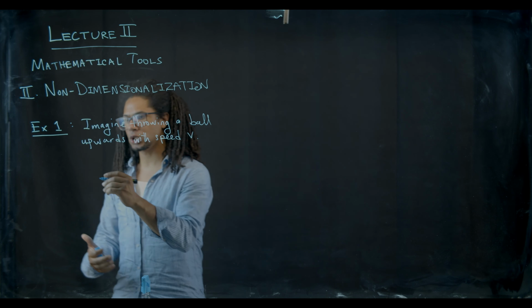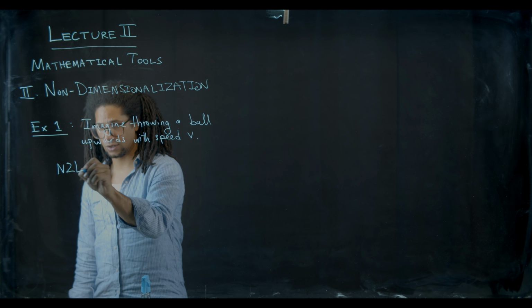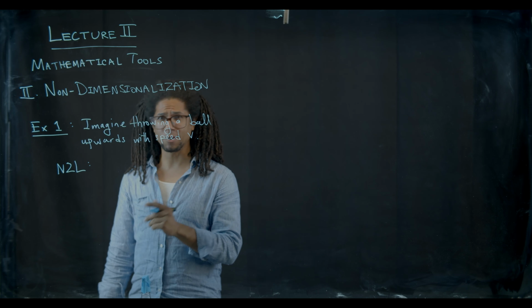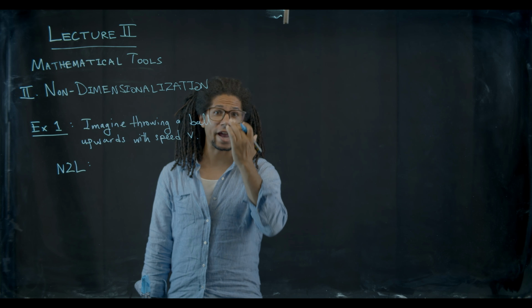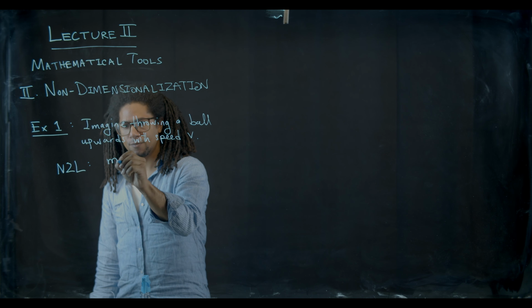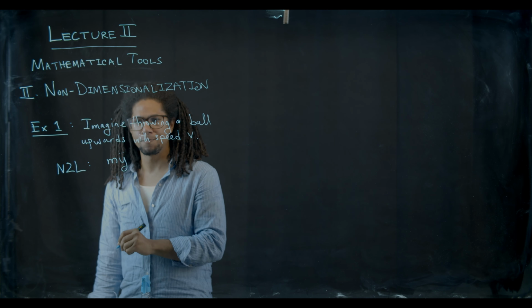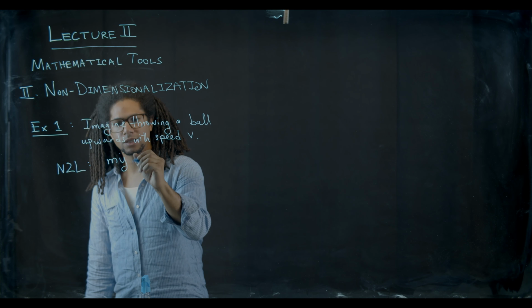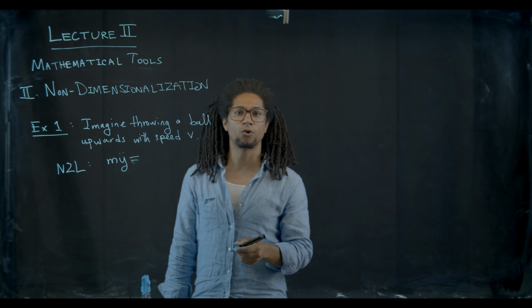To start, let's actually just write our Newton's second law equation. In this case, it's not too hard. I'm going to say that all of our motion happens in the y direction. And so what we get here is m times y double prime is equal to, well, in this case, the force is constant.